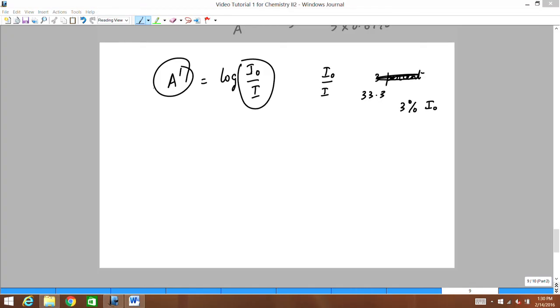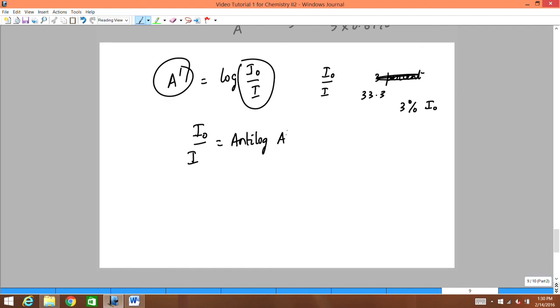Therefore, based on the anti-logarithm, you can calculate I naught by I as anti-log A prime, and from this you can get the value of I as the fraction of I naught.